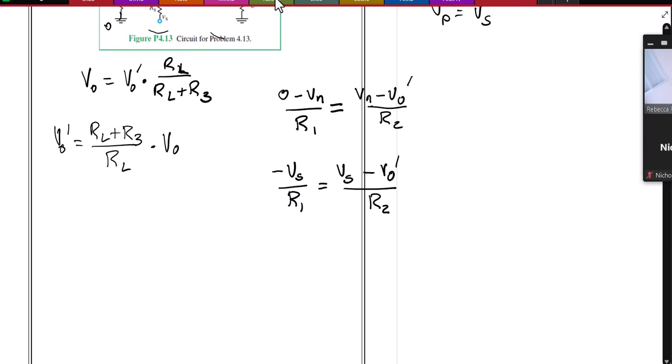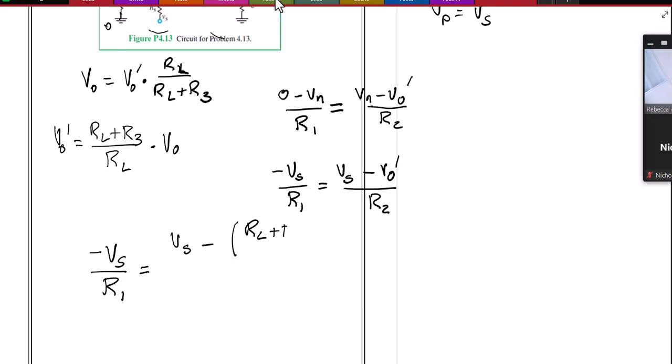So now I can say minus Vs over R1 equals Vs minus RL plus R3 over RL times V out, all over R2.